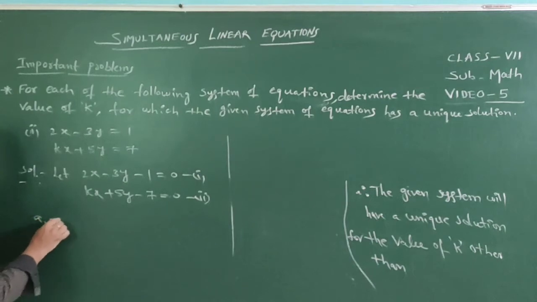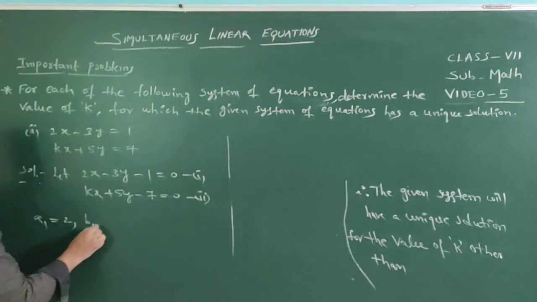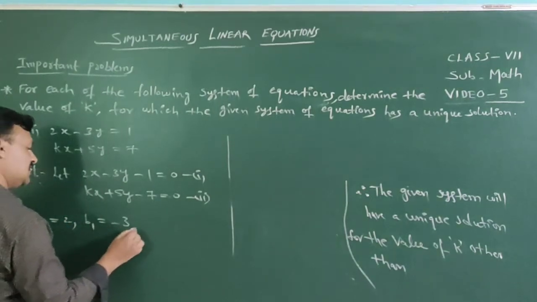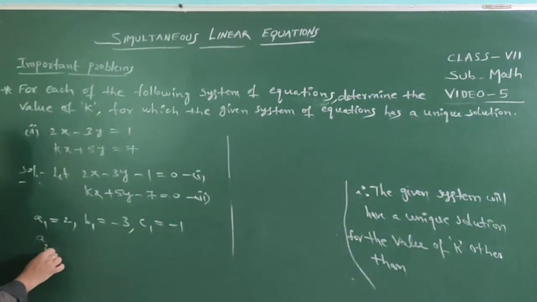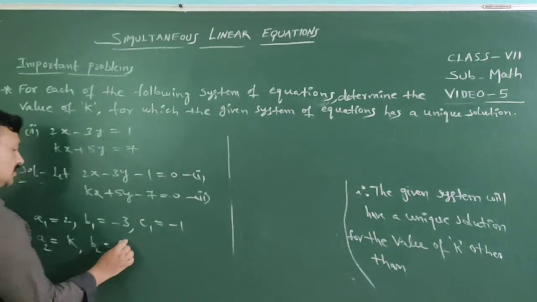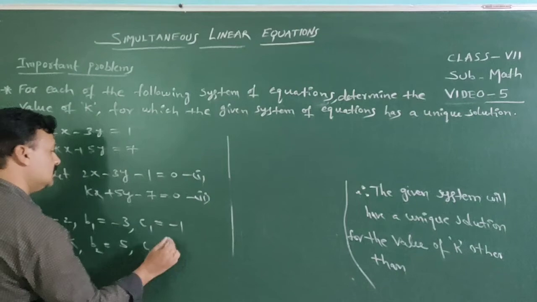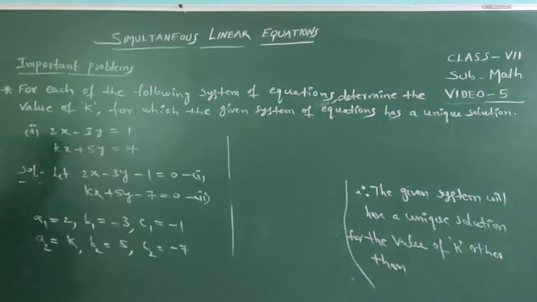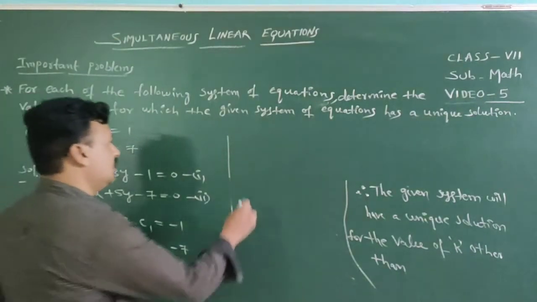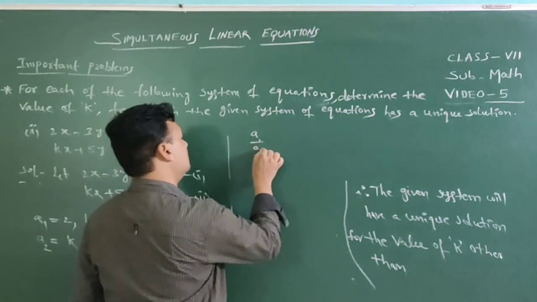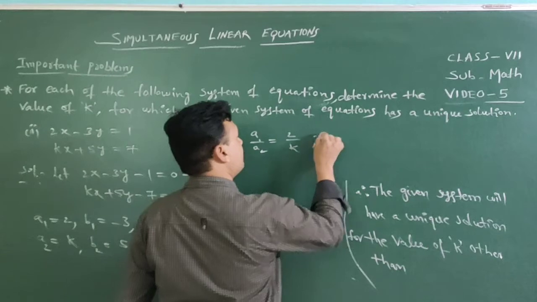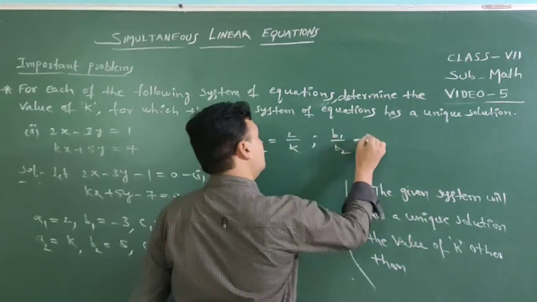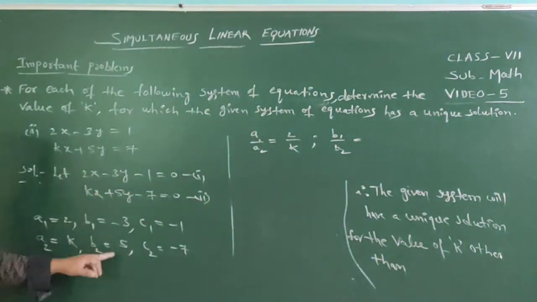So here a1 equal to 2, b1 equal to minus 3, c1 equal to minus 1, a2 equal to k, b2 equal to 5, c2 equal to minus 7. Now a1 by a2 equal to 2 by k, b1 by b2 equal to minus 3 by 5.